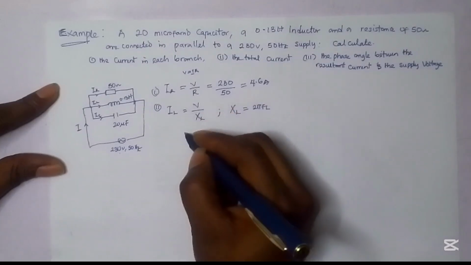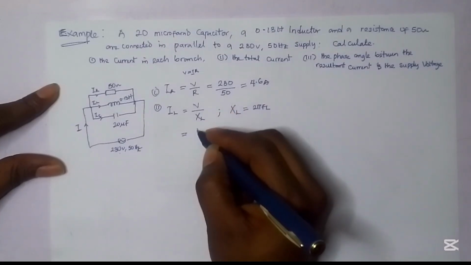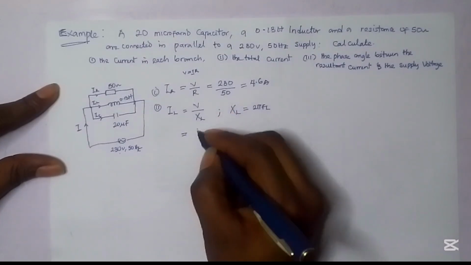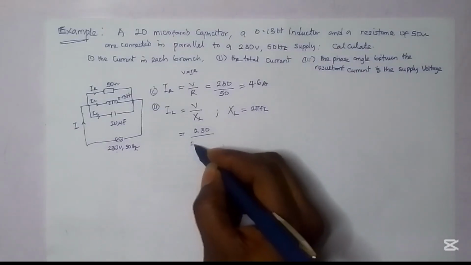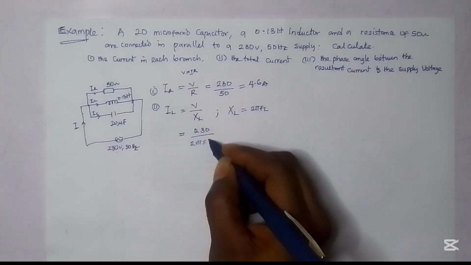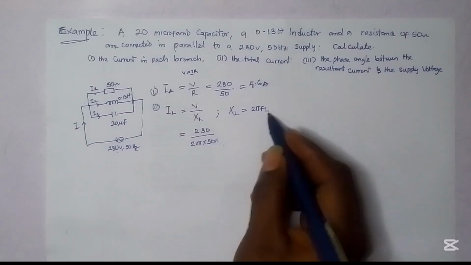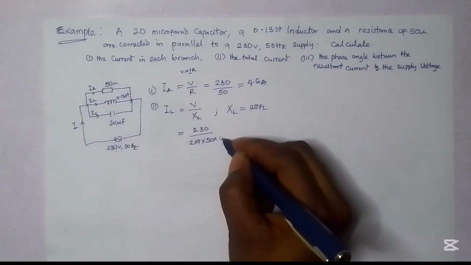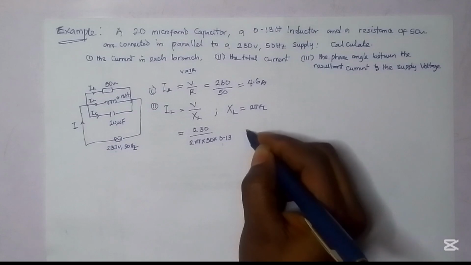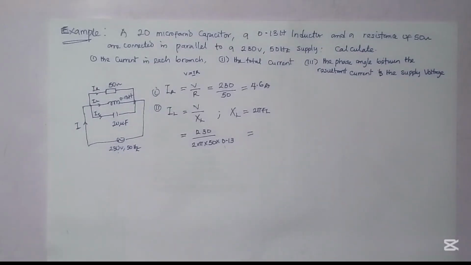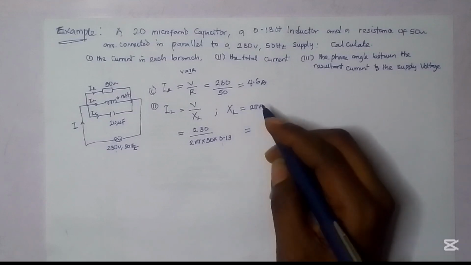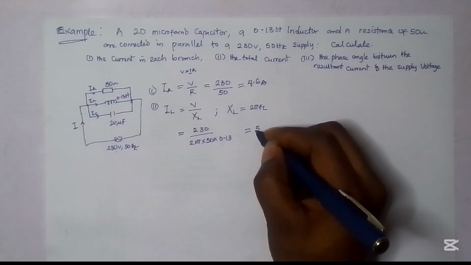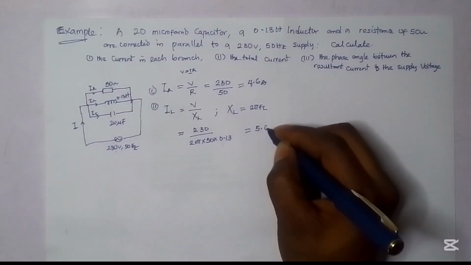So what we are looking at is 230 over 2 times pi times 50 multiplied by our 0.13. Punch this out. This should give us the value of 5.63.